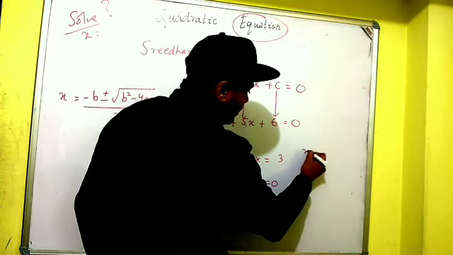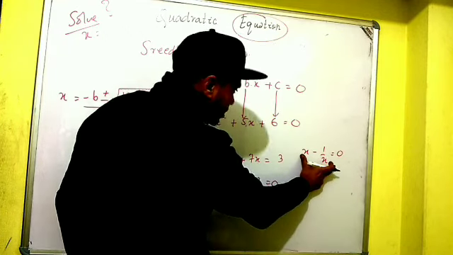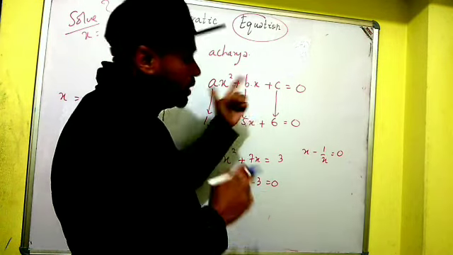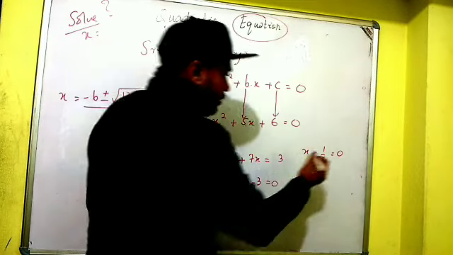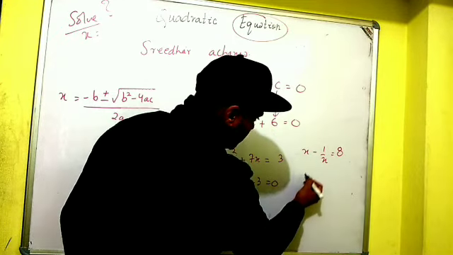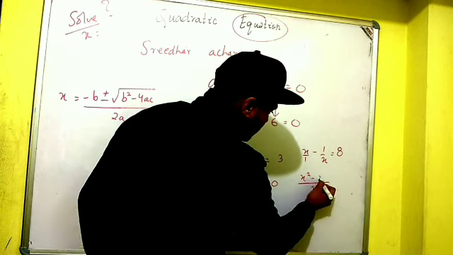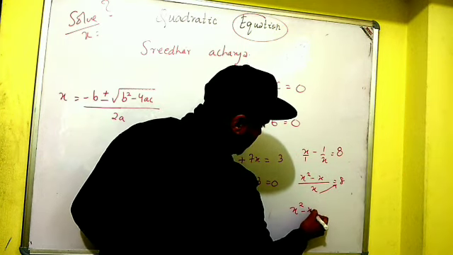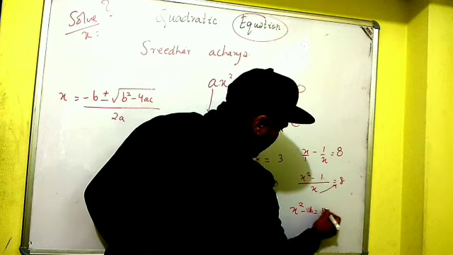For example, if I write x minus 1 by x is equal to 8. Now is this equation and this equation the same? No. So what we have to do is we'll convert this equation into this form. So what we do here is we take the LCM: x squared minus 1 is equal to 8x. If we cross multiply, this will be x squared minus 1 is equal to 8x.